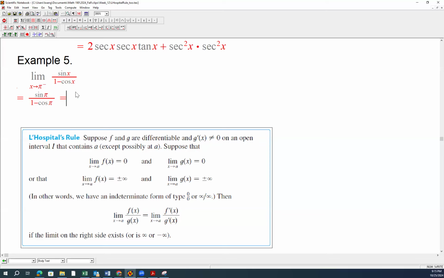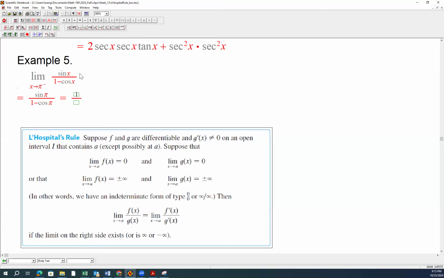You can't just get whatever limit here and then just take the derivative. No, you have to check the conditions. So this one is a direct substitution.